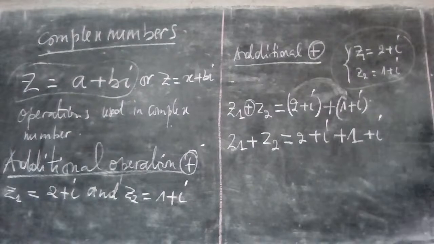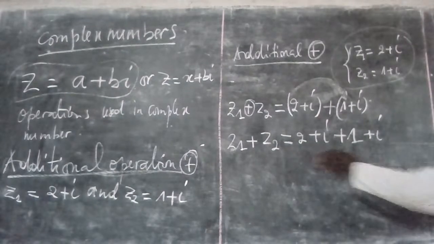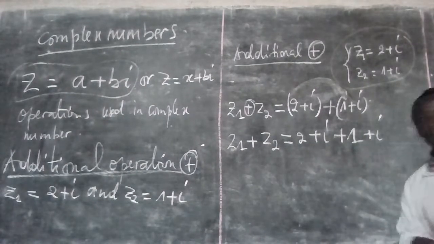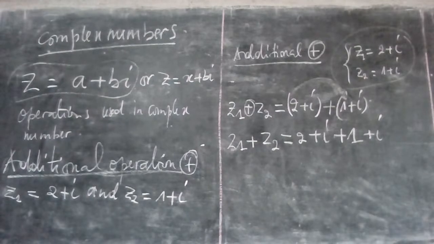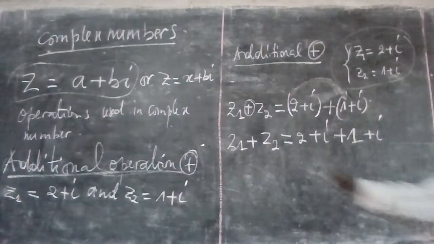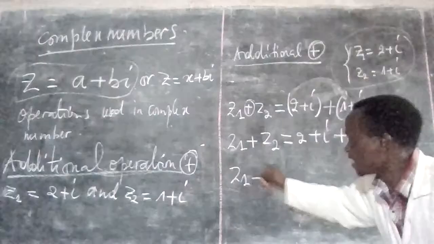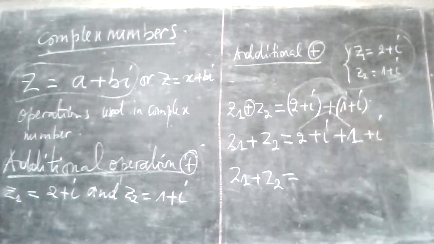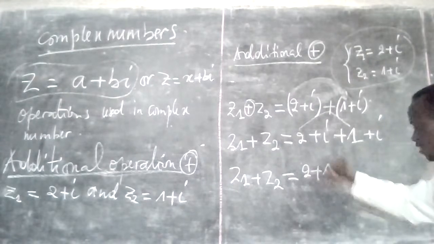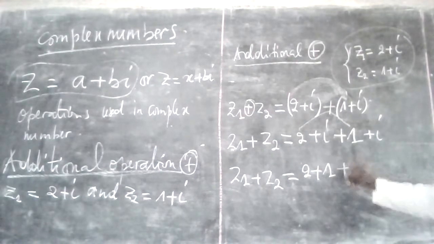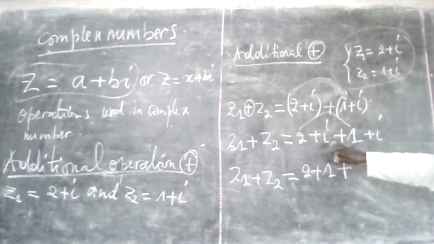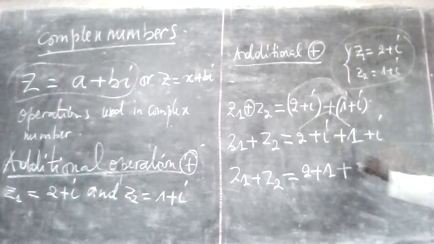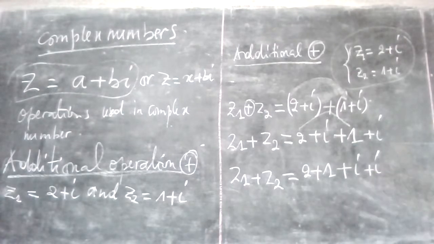Now at this step, we are going to collect similar terms. By collecting similar terms, z1 plus z2 will be 2 plus 1, plus i plus i.